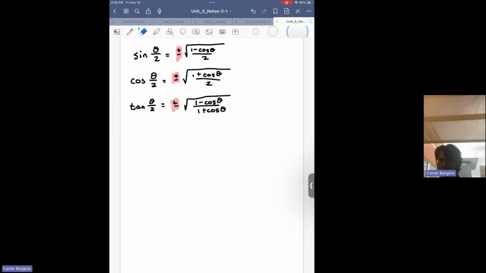So we looked at the double angle yesterday, which was essentially just a glorified version of the sum and difference formula, really the sum formula there. These are pretty disconnected from anything. I'm not going to go through any kind of derivation for this.